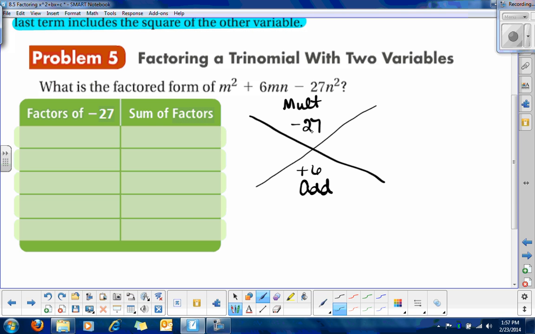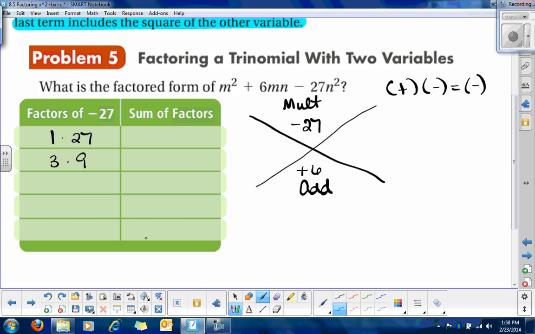Now, remember, when you multiply, a positive times a negative is equal to a negative. So that means one of the factors has to be positive, and one of the factors has to be negative. So let's write our factors of 27. We have 1 times 27, 3 times 9. Anything else? Nope, I had some extra spaces in there.